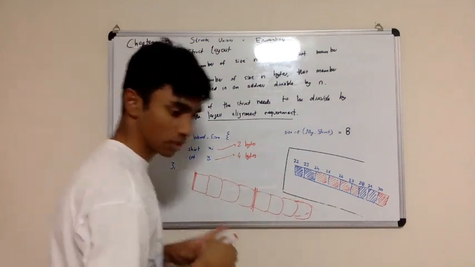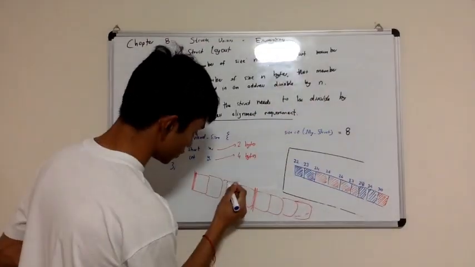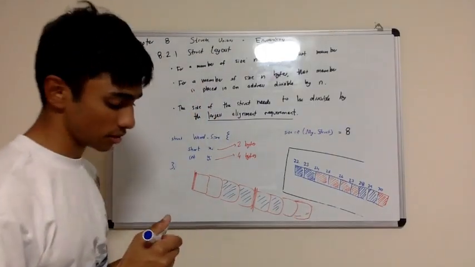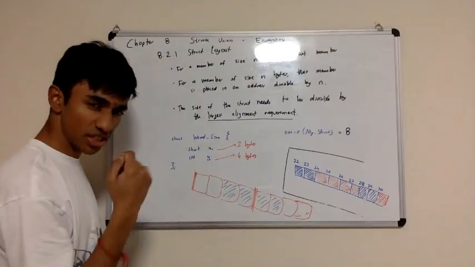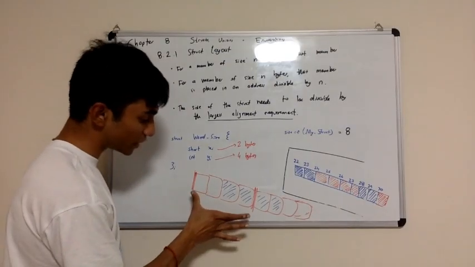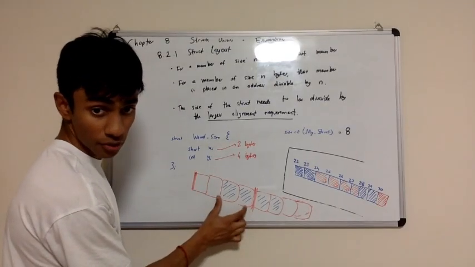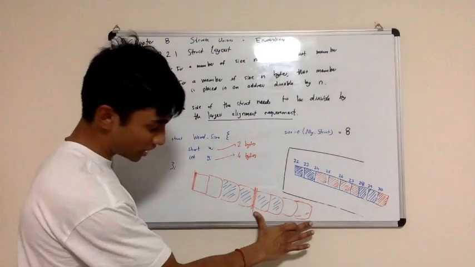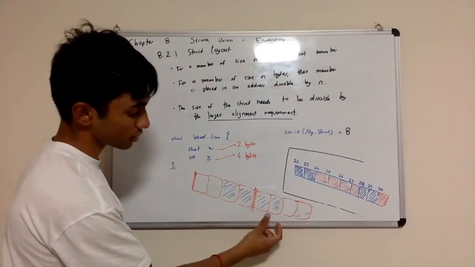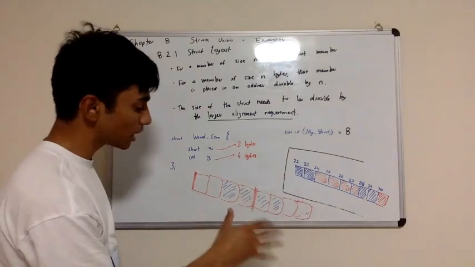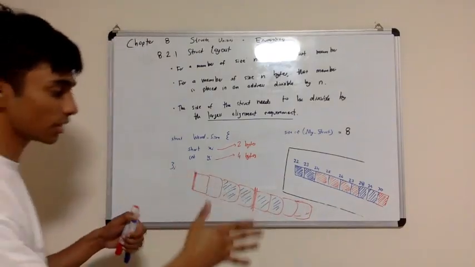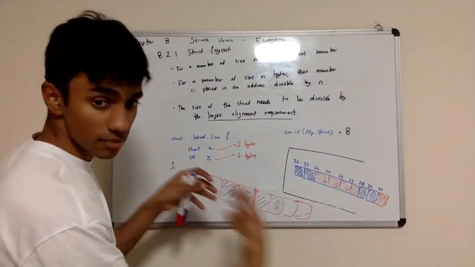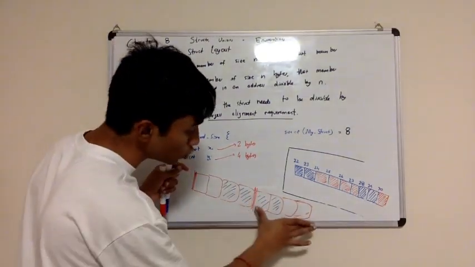If you had an integer, I'll color it in blue, that spilled across the boundary like this, for some reason, and this is where I'm abstracting a bit, I'm not sure why, your CPU, I think, would have to read this region first and cut out those 2 bytes using one memory access, and then read this region next with another memory access and cut out these 2 bytes, and then do some clever bit manipulation, which is a separate thing, but some extra processes to extract this bit of information and recombine them to make the integer you want. But bottom line is you have 2 memory accesses.